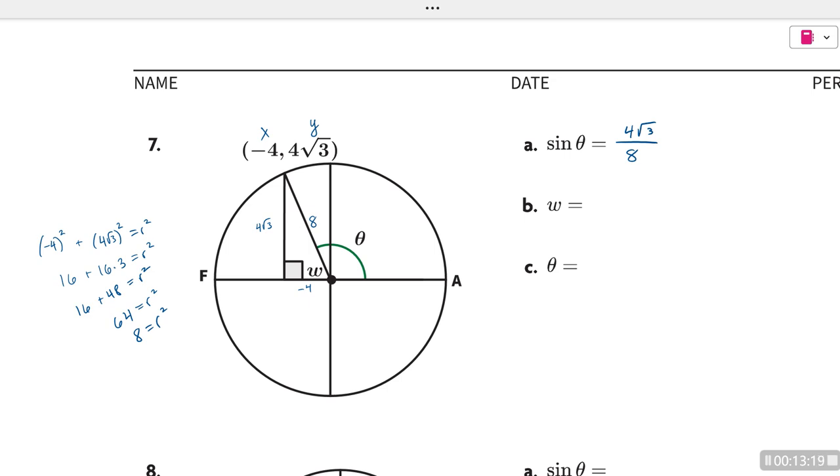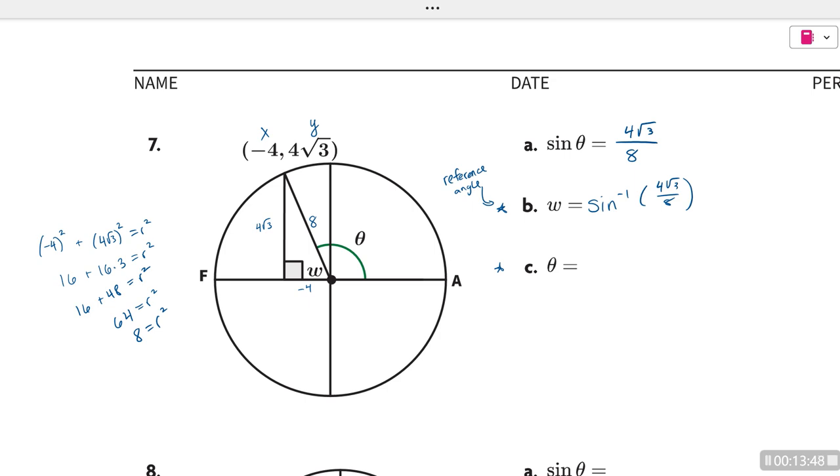So now the W, this is where these are different. So in problem 6, these weren't different, but this is sort of the reference angle here, because this is going to give us the angle in the triangle. When I do sine inverse of 4√3 over 8, that's going to give me the small angle within that triangle.